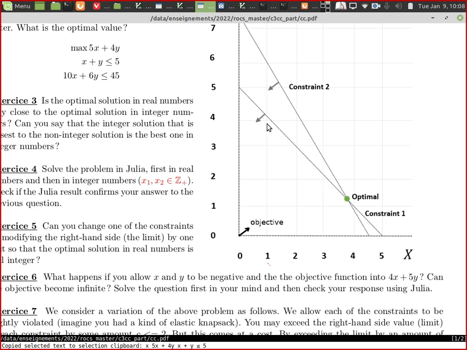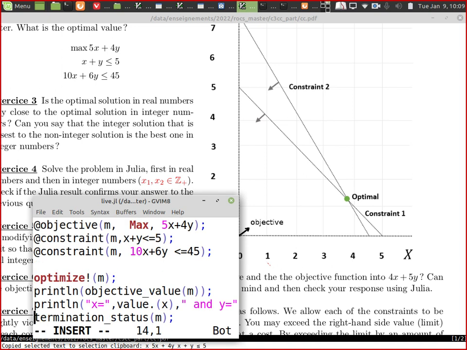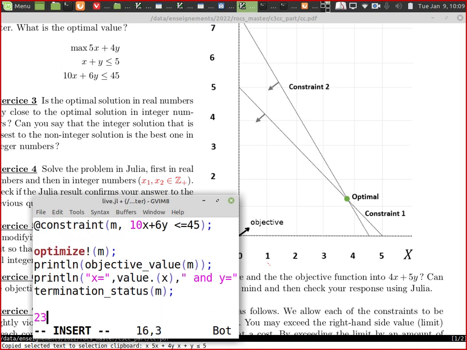We can simply compute the objective values in these 2 points. Here I have x 3 and y 2. Sorry, let me write a comment. You computed 33 for this one.